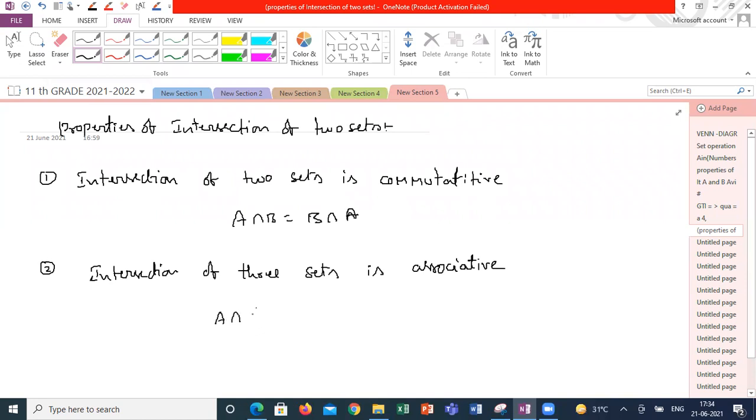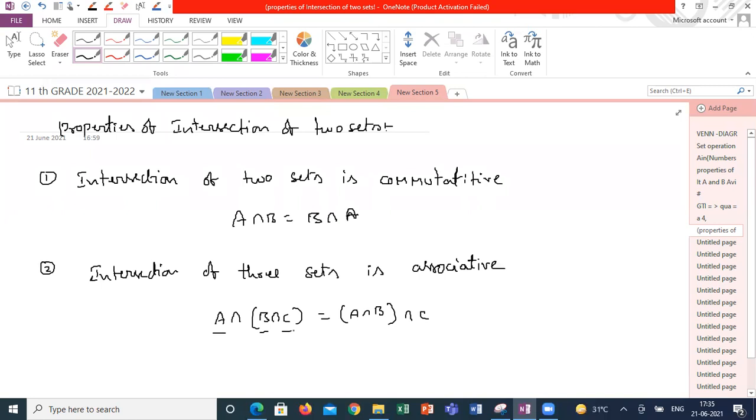So A intersection (B intersection C) and (A intersection B) intersection C. That means all the common elements in the three sets. Irrespective of the order, the intersection of three sets is always the same. Whether you do A and B first and then C, or B and C first and then A, it is the same.